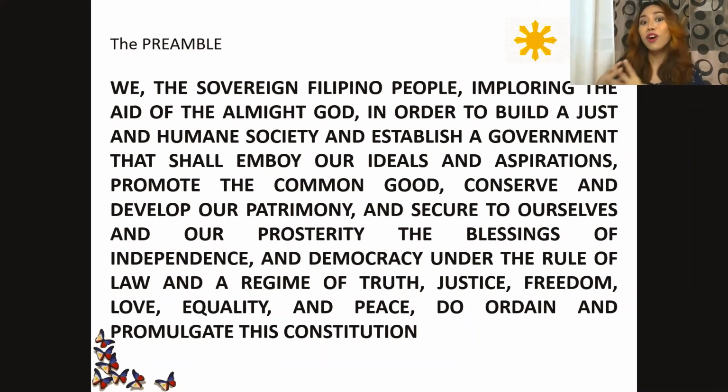So we the sovereign Filipino people are actually the source of power of the 1987 Constitution. It is explicitly expressed in the preamble, and we have created the 1987 Constitution.